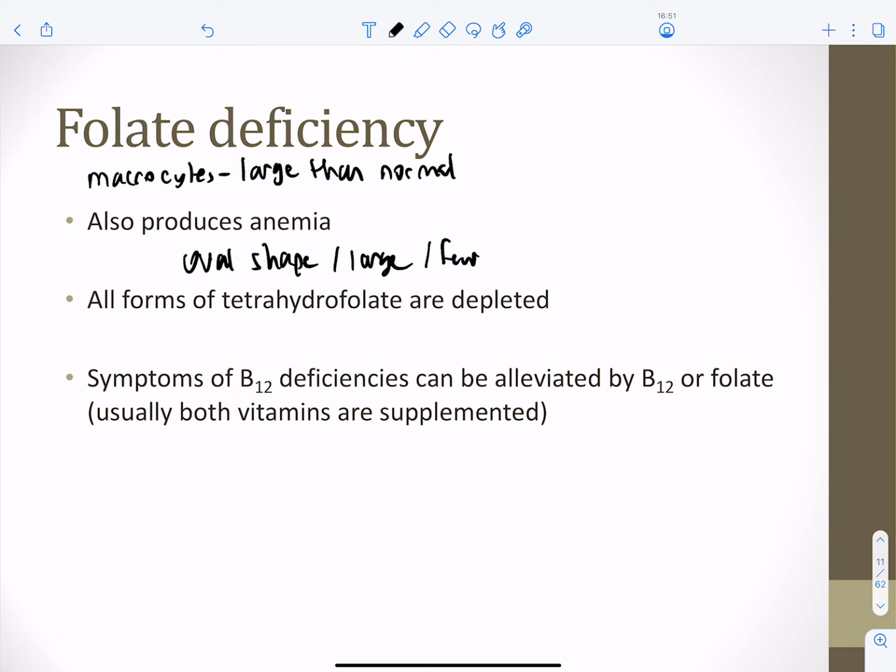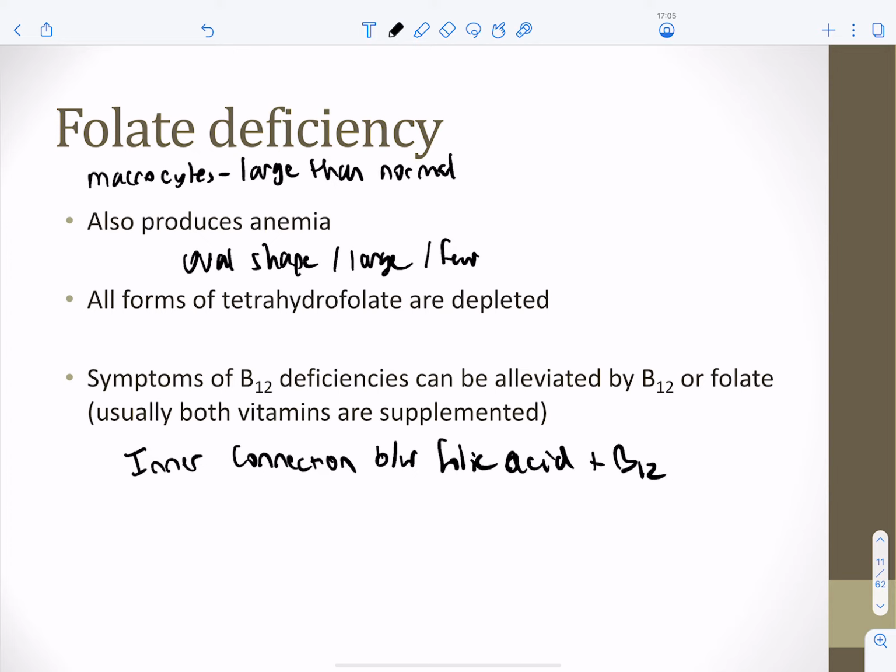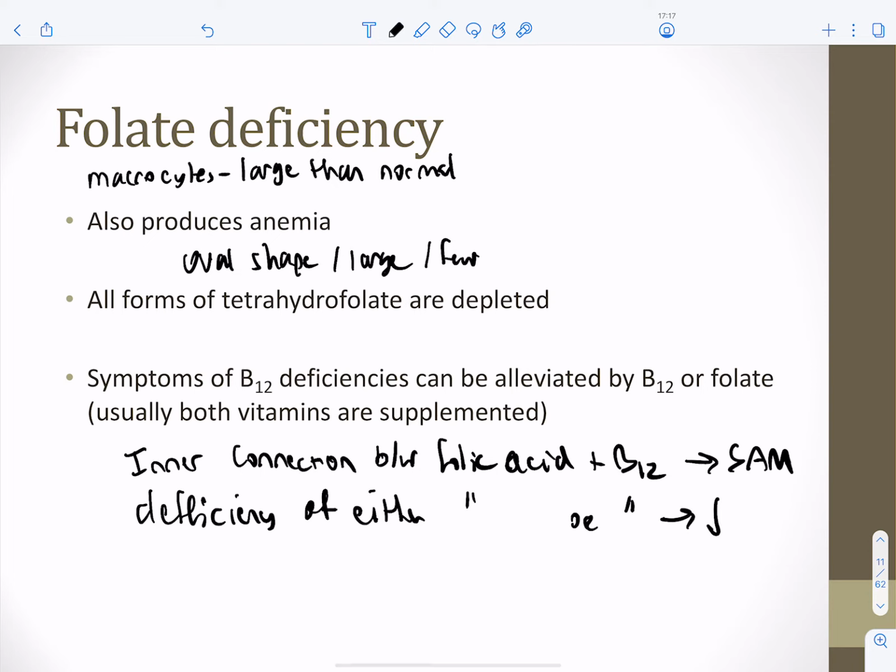Keep in mind that there are interconnections between folic acid and B12, and this is in the generation of SAM. And so a deficiency of either folic acid or B12 will result in reduced SAM.